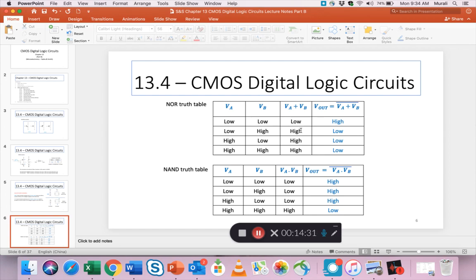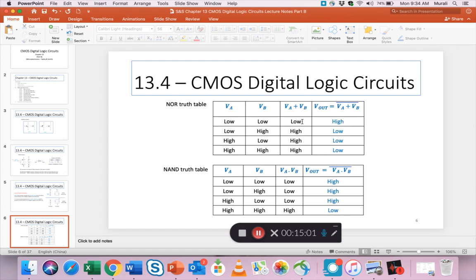So for the output to be high, either input A or input B has to be high. Here also the input A is high, hence the OR function, the output goes high. Of course, when both are high, you still satisfy the condition that one or the other should be high, and that is also high. So this is until OR, right?